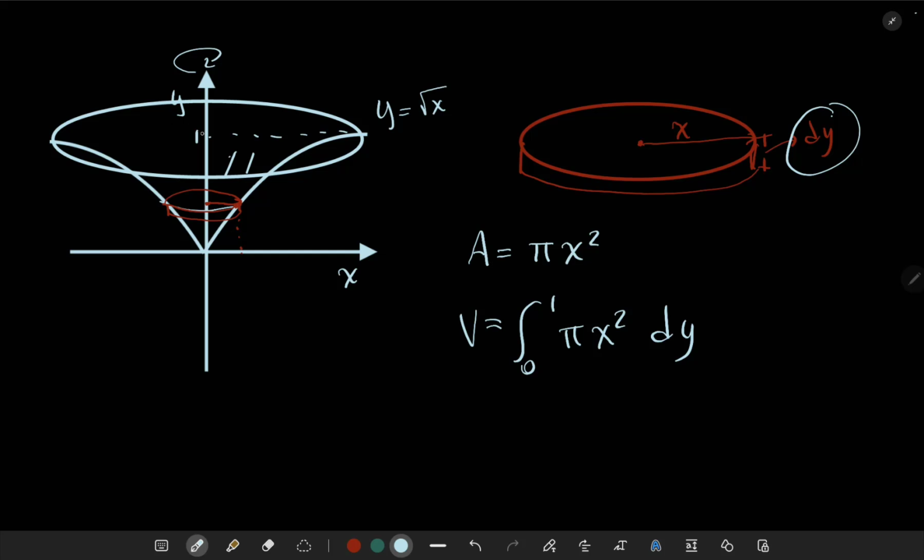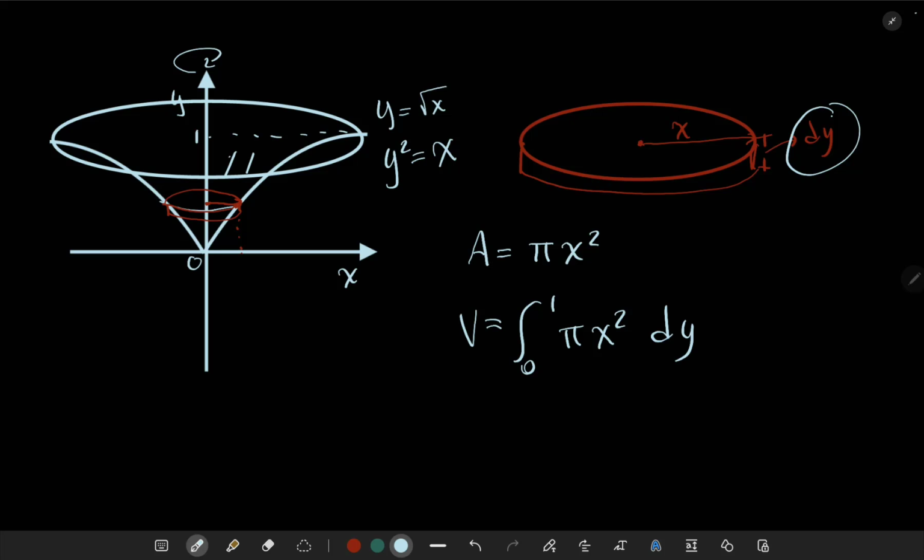So you're integrating in the y coordinate. Your endpoints are from 0 to 1. You have an x. That's a problem. So what you're going to do here is square both sides to get your x. We're restricting ourselves to the positive x's, so we don't have to worry about an absolute value or anything like that.